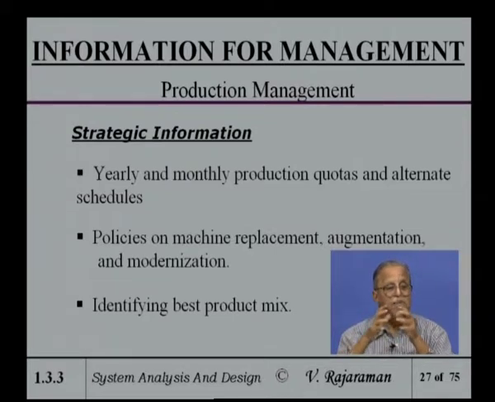It is called a product mix. So he may produce X number of Marutis, Y number of Altos, Z number of Balenos, and so on.